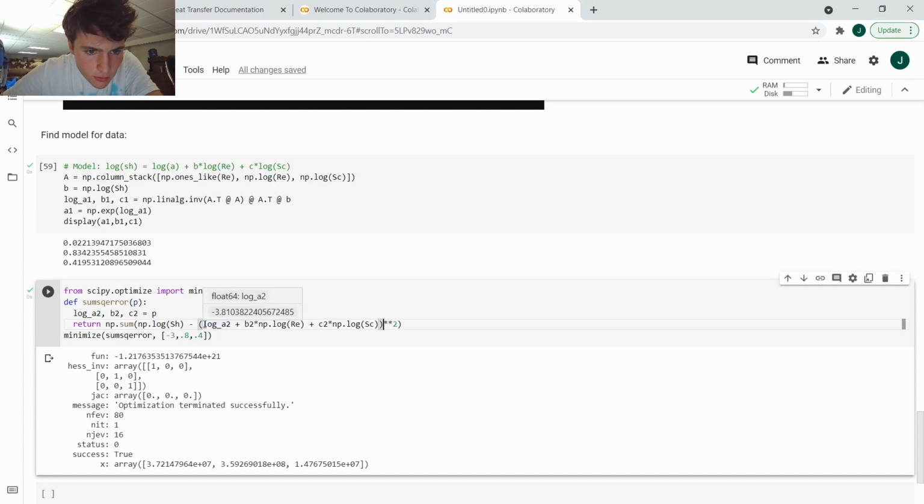Yep, that's wrong. It's squaring what our model predicts, not the entire difference. So I need another parentheses in there. That's why it was looking so weird. Now let's see what we get.